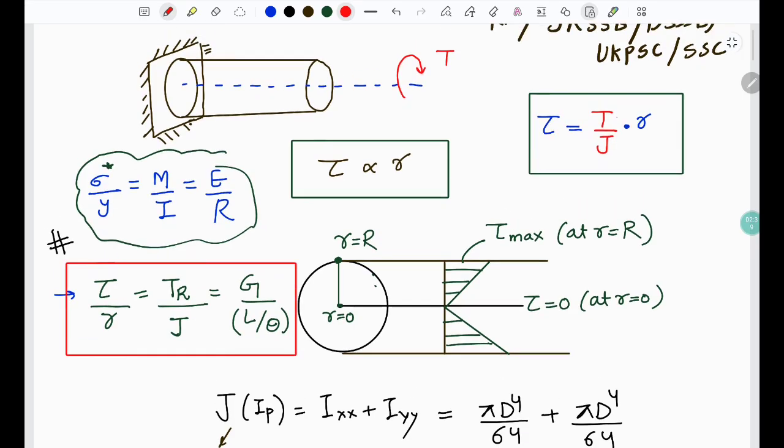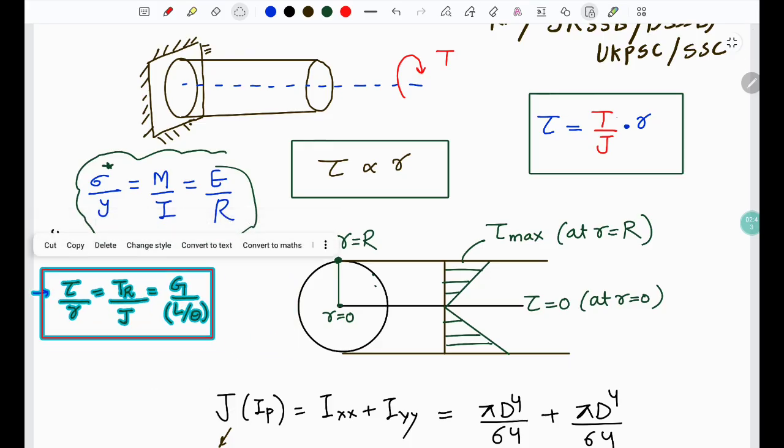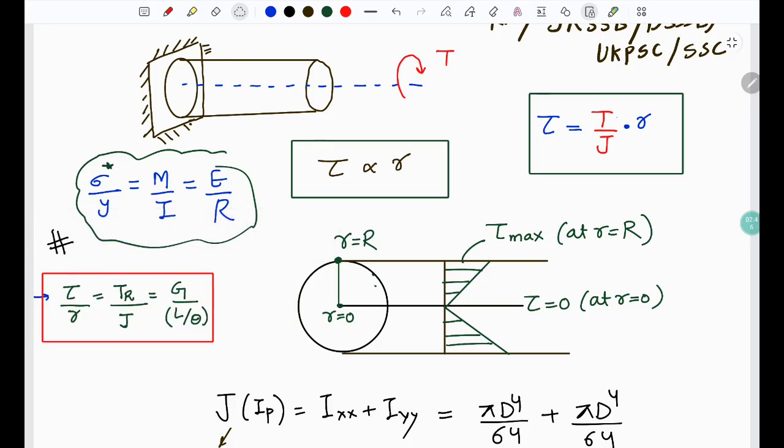Now let us see some other things in this quick revision. So using this equation, I can write tau in terms of torque and polar moment of inertia, and from here we get that shear stress due to torsion can be equated as torque over polar moment of inertia denoted by J times R. R is the radius.